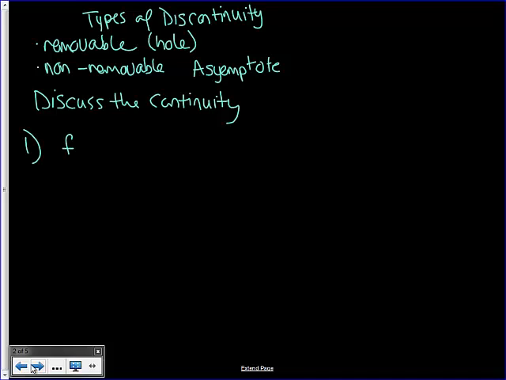Number 1 is f of x equals 1 over x. Well, the first thing we want to do is figure out if it has an asymptote. So we're going to set the denominator equal to 0. So I have an asymptote at x equals 0. If you remember the graph of 1 over x, this is a parent function. It's just a racetrack graph.